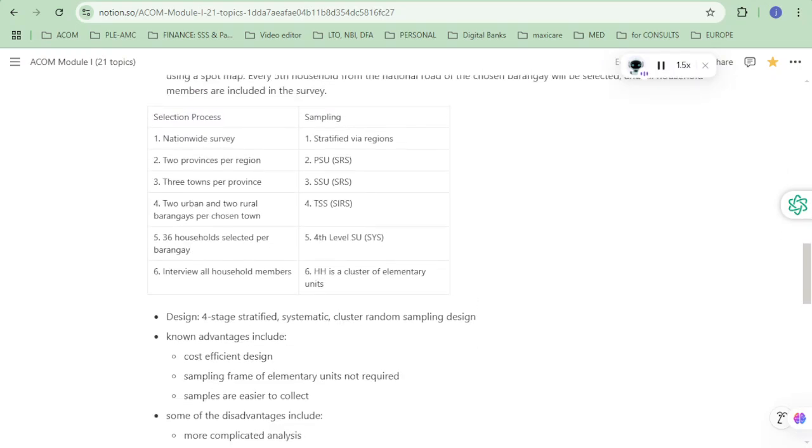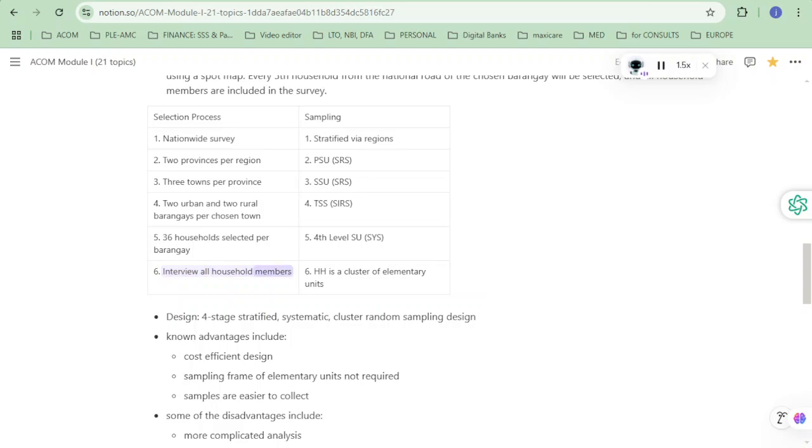Selection process. Sampling: 1. Nationwide survey, stratified via regions. 2. 2 provinces per region, PSU, SRS. 3. 3 towns per province, SSU, SRS. 4. 2 urban and 2 rural barangays per chosen town, TSU, SRS. 36 households selected per barangay. 5. 4th level SU, SYS. 6.